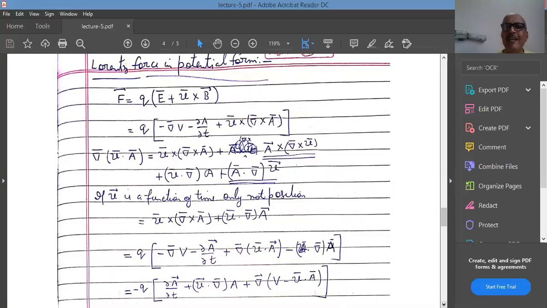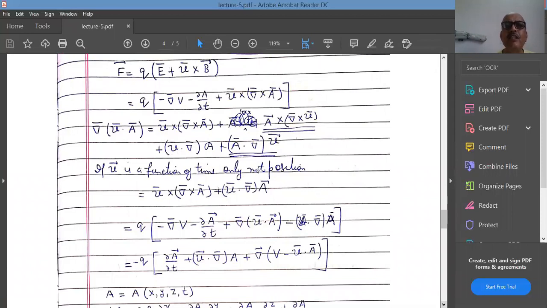Now v, the velocity here, is a function of time only and not of position. Since it is not a function of position, the terms A cross del cross v and A dot del into v will be equal to 0. Even if you write it as Ax into del over del x of vx, Ay into del over del y of vy, and Az into del over del z of vz, since it is not a function of position, all those terms will be equal to 0.